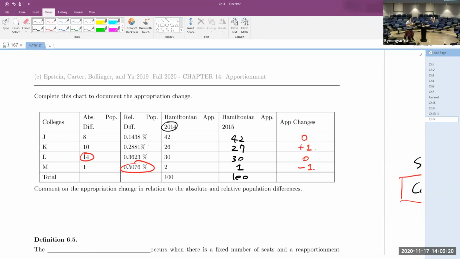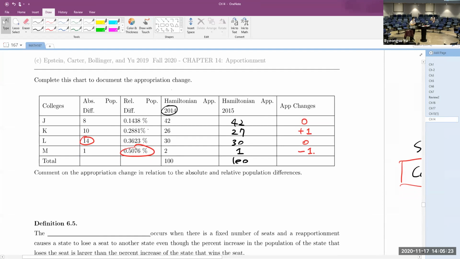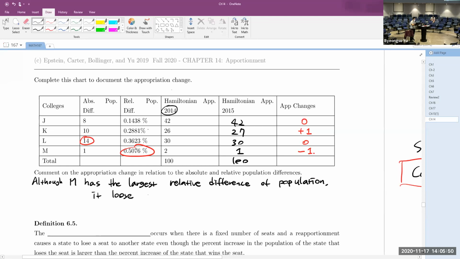So that's called the population paradox. So here, although M has the largest relative difference of population, it loses a student worker.